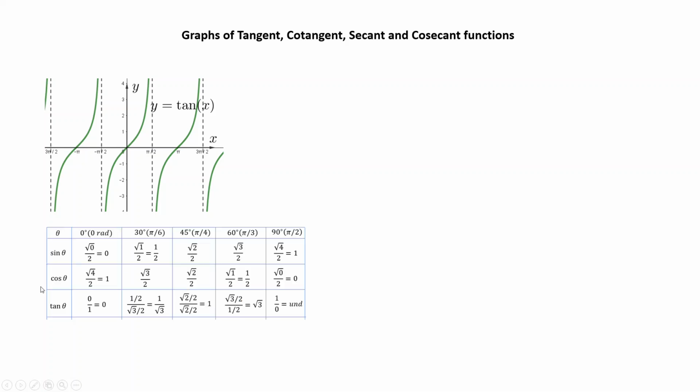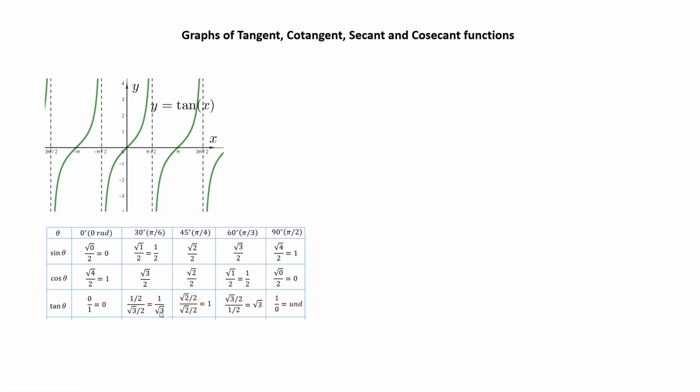Then let's look at something else. Let me bring back that table of values of sines, cosines, and tangents. At 0 degrees, which is the same as 0 radians, tangent 0 is 0. Does the graph actually show that? Yep, at x equal to 0, tangent 0 is 0, and that's what the graph shows. And then when x equals pi sixths, somewhere over here, tangent is 1 over square root of 3 or square root of 3 over 3.